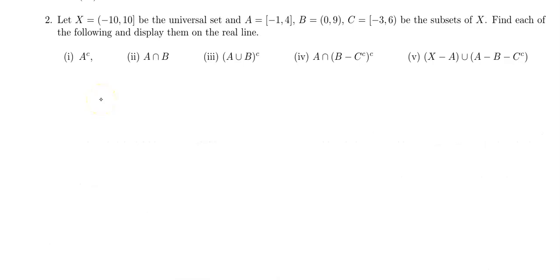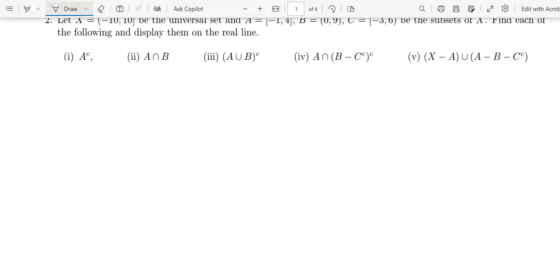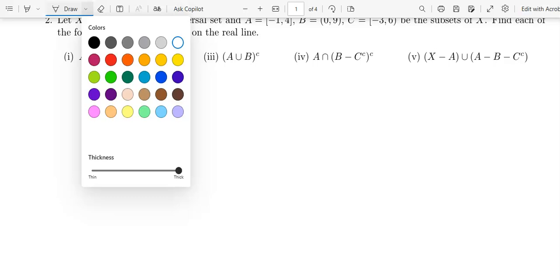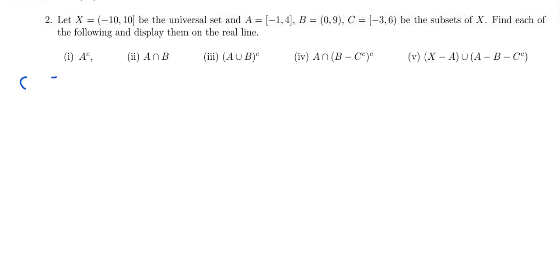Alright, so let me explain these two brackets. Is my pen activated? Okay, let me use blue. Okay, so we have this bracket. We also have this. Alright, so when you see this, it is what we call an open bracket, and this is a closed one.